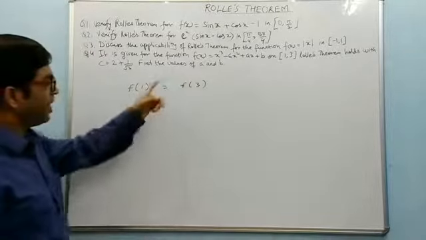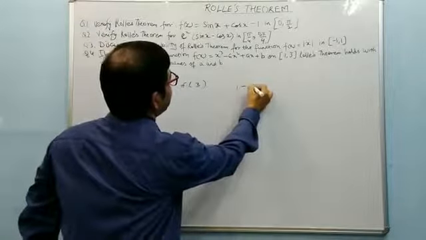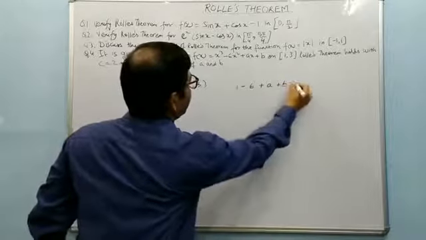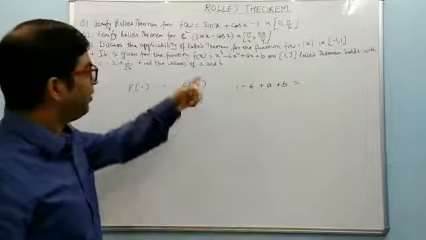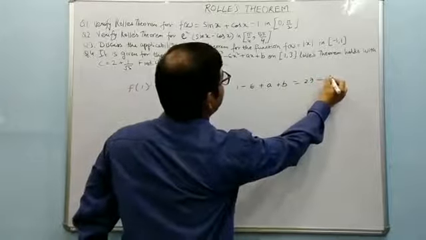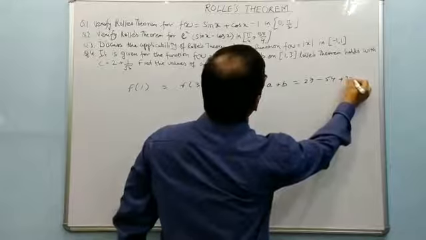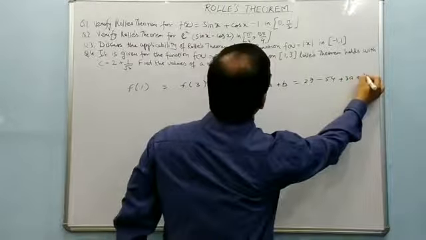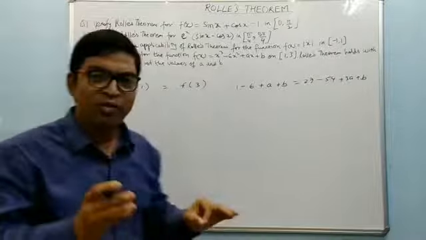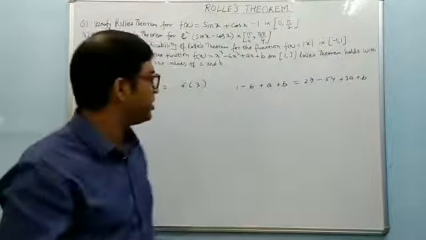This is giving us, if we put 1, 1 minus 6 plus a plus b is equal to f(3). 3 we are putting, that is 27 minus 6 into 9, 54 plus 3a plus b. So we can get the value of a and b from the given conditions.